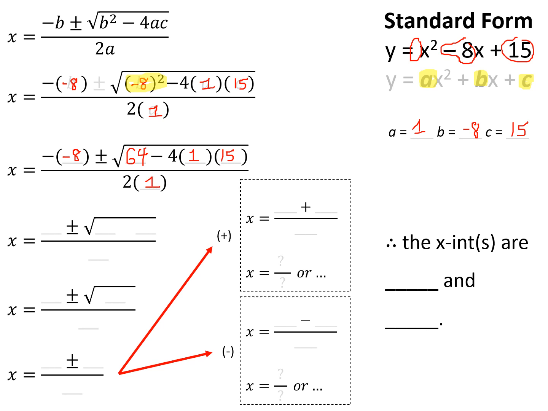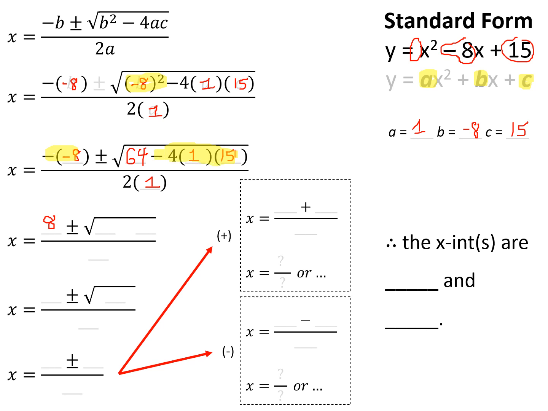Everything else stays the same. Next, we are going to simplify this. There's actually a negative 1 in front of the bracket, so negative 1 times negative 8 becomes positive 8. Over here, this is all multiplication.